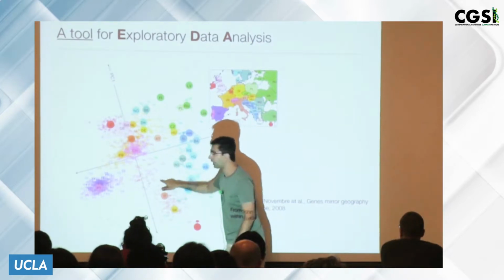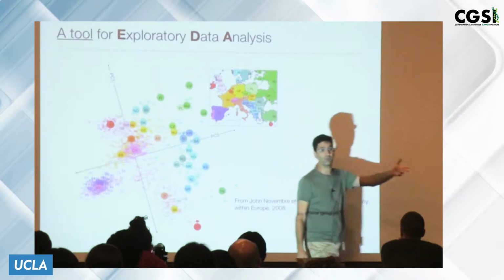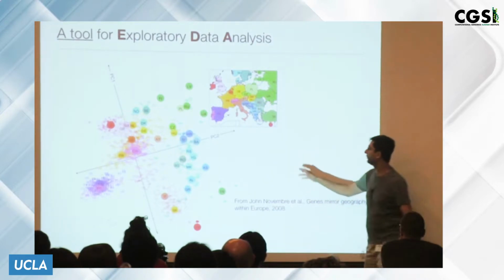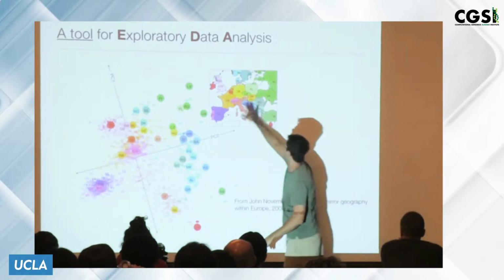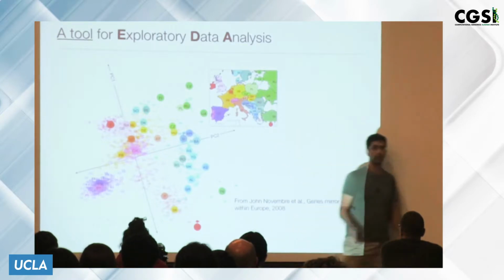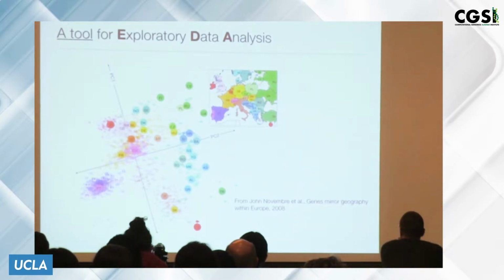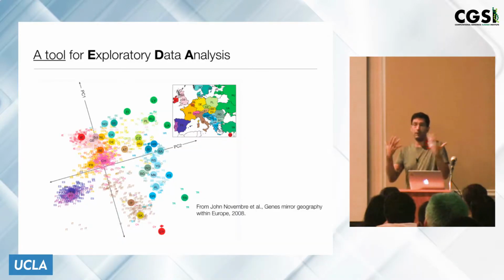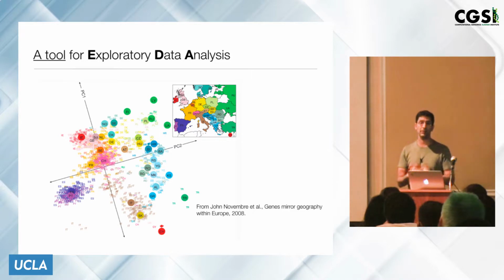He colored each dot here by where the person was actually from. And if you kind of cross your eyes, you can sort of see the map of Europe, which is pretty interesting. And this turned out to be useful, not just because it obviously is informative from a population genomics point of view to learn about ancestry, but it also turns out to be useful as a way to correct for this kind of structure in data when you do statistical testing for things like genome-wide association analysis.